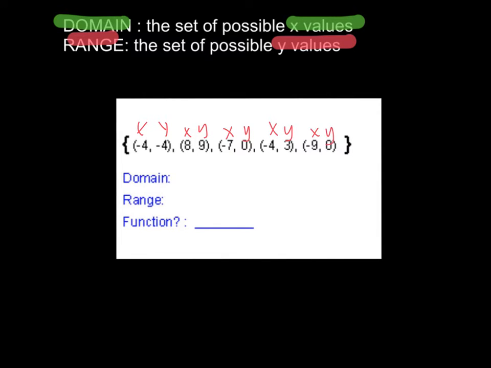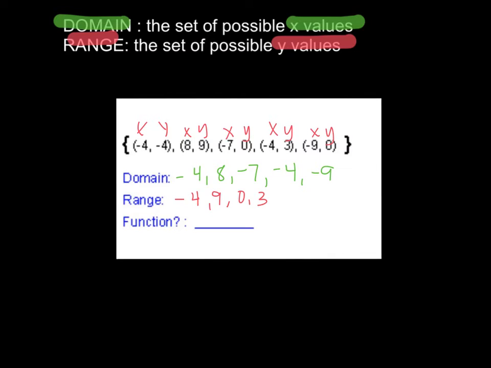So then therefore, our domain would be -4, 8, -7, -4, and -9, while our range will be -4, 9, 0, 3, and there's another 0, but you don't need to write that again.